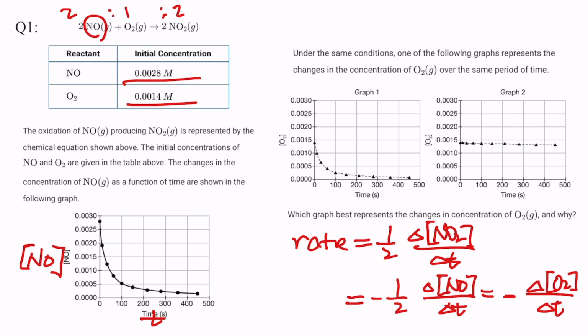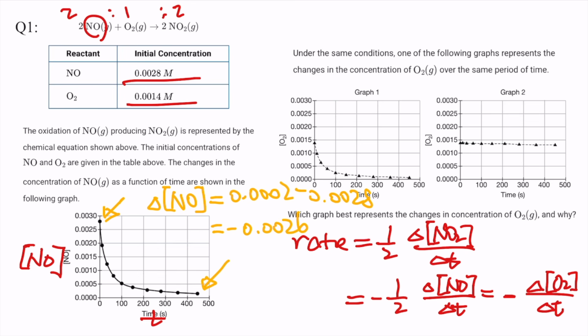So now you see that how NO and O2 differ by exactly 2 times. So from T equal to 0 to, let's say, T equal to around 450 seconds, the change in the concentration of NO is from approximately 0.028 to approximately 0.0002. So that will be around negative 0.0026.